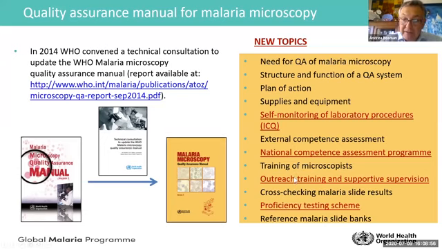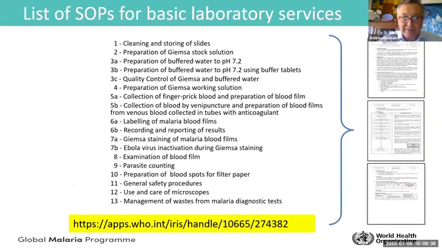A special type of supervision, which we call outreach training and supportive supervision, OTSS, which is very interesting because the supervisor also becomes like a coach, and they provide the training while they do the supervision. It's not just to assess that everything is going well or not well, but also to support the microscopist. And it also describes what we call proficiency testing, which is another way of assessing the quality. So we have many different approaches to improve the quality of the microscopist.